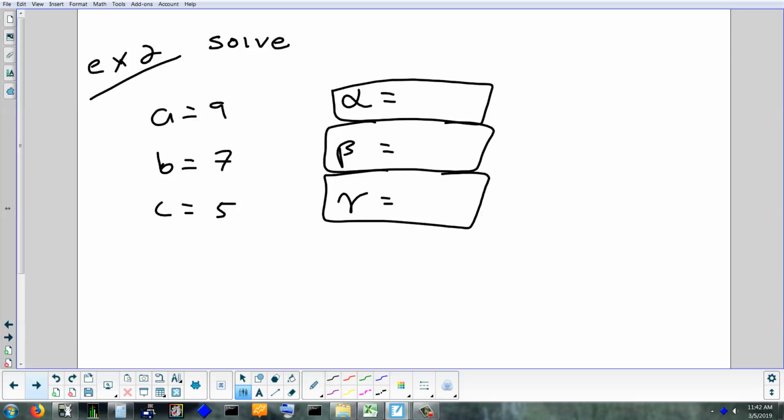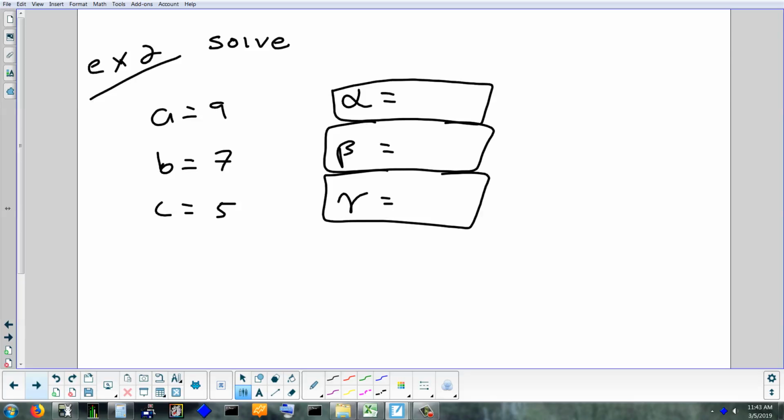If you do it twice, and you rely on what you found to get the third angle, what could happen? Yeah, good. By using something you found, if you made a mistake, it's only going to grow further. So if you got something wrong, it's going to mess up other things.